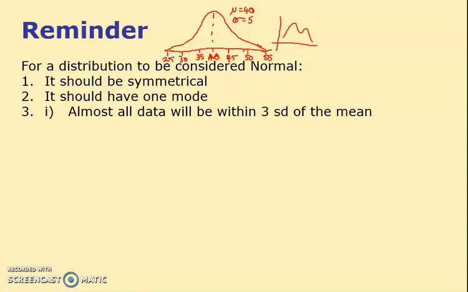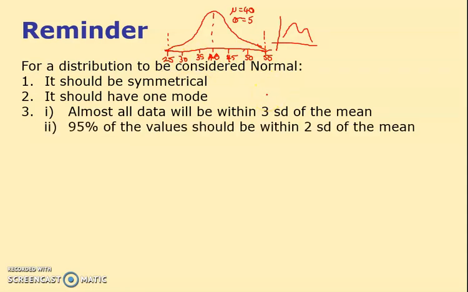And by the time I get down to 25, I'd run out of all numbers. So basically, in that example, I'd be very surprised if I got a number from my data, say at 60 or 70. I expect everything to run from 25 to 55. Very surprising to get anything beyond those limits, if it's normal.